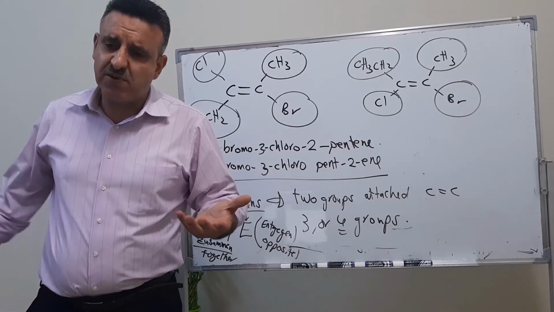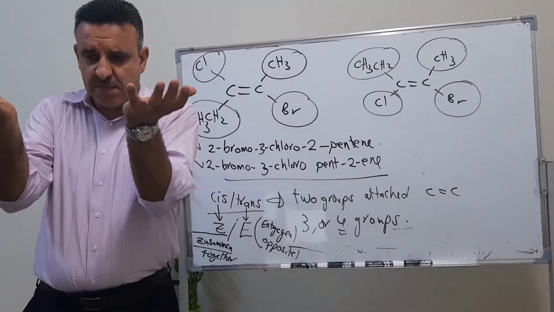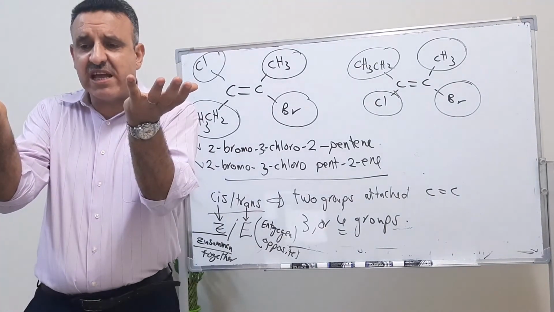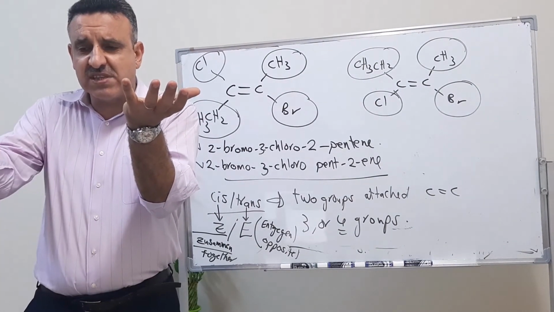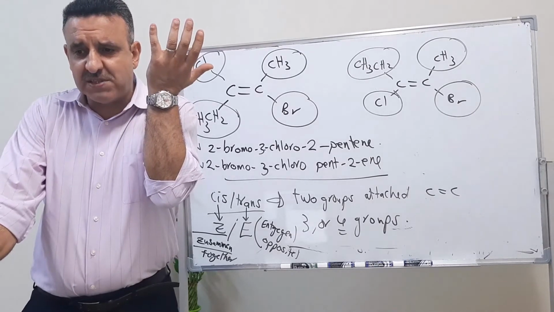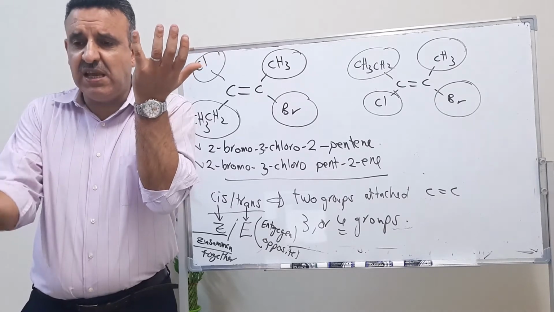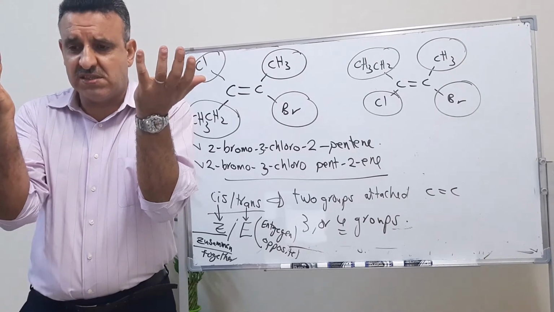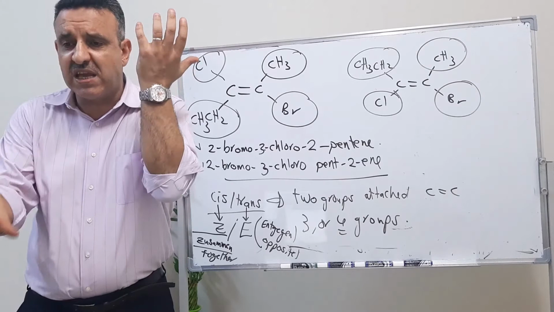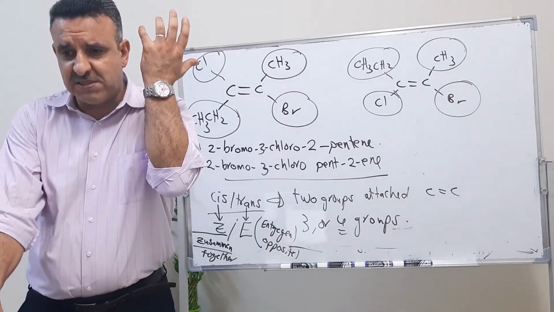Cis stands for 2 things in the same plane. What does the trans stand for? Trans stands for 2 things in opposite planes. Do you follow me? Similarly, the Z stands for 2 things in the same plane, while the E stands for 2 things in opposite planes.